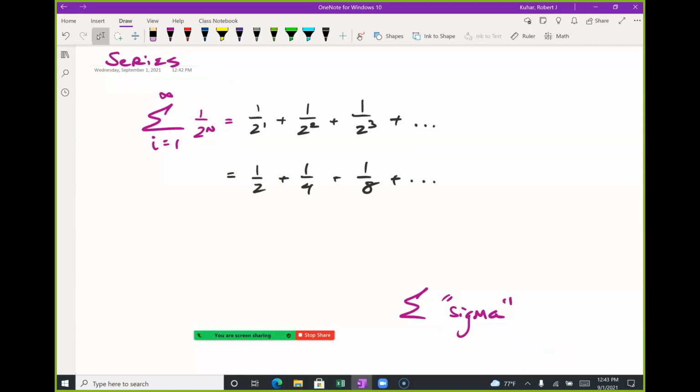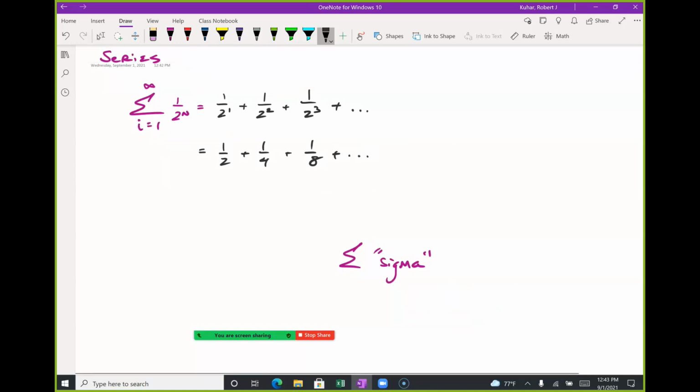So what's the difference between sequences and series? When I'm talking about the series, I'm adding up the terms. When I'm talking about a sequence, I'm just listing the terms, right? This one turns out to be geometric, right? So this particular series is geometric.